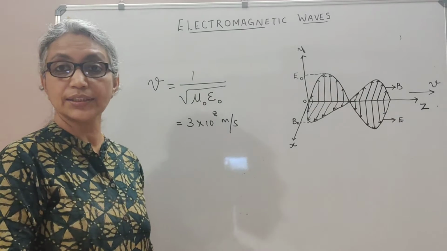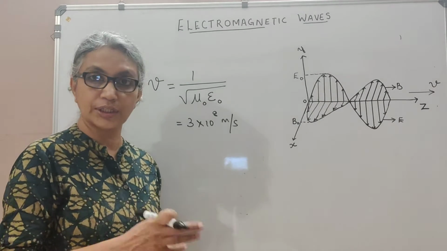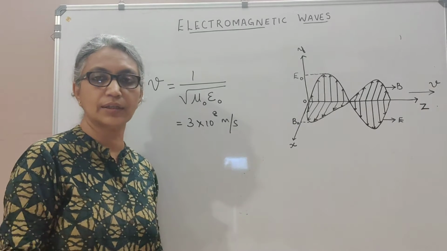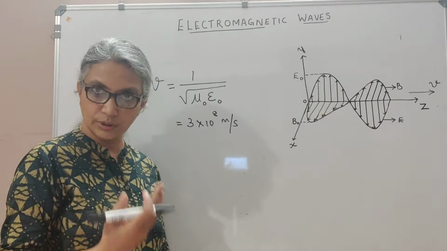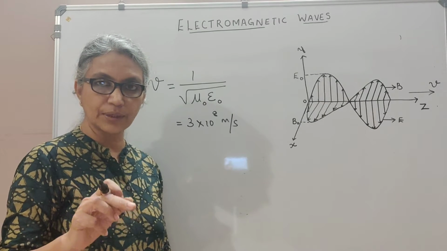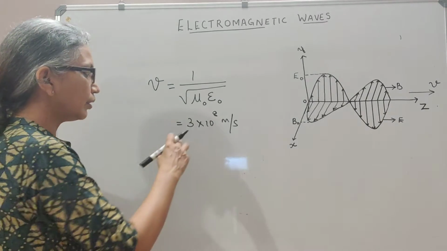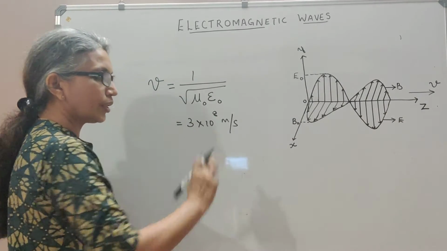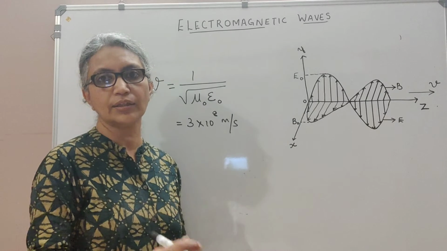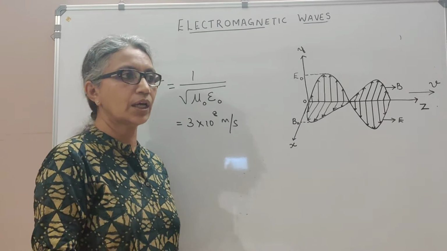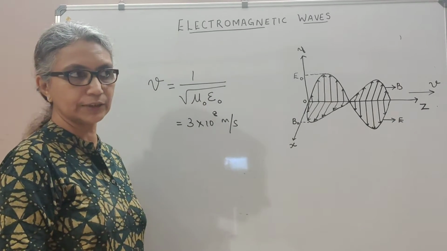It was in 1887 that Hertz first generated and detected an electromagnetic wave of low frequency range, and he was also able to prove that this electromagnetic wave that he generated experimentally had the same velocity, 3 into 10 raised to 8 meter per second, thus proving what Maxwell had predicted, that light is an electromagnetic wave traveling with a speed of 3 into 10 raised to 8 meter per second.